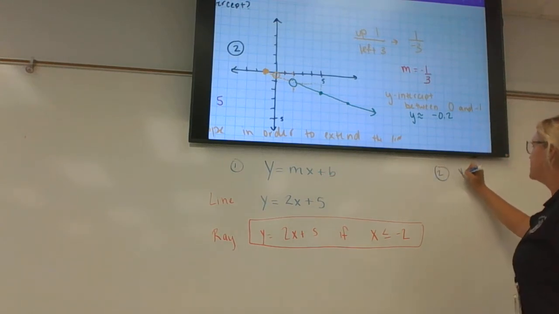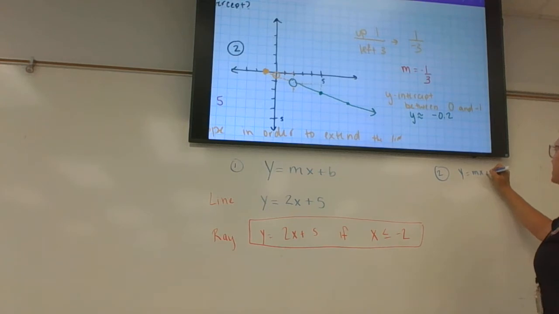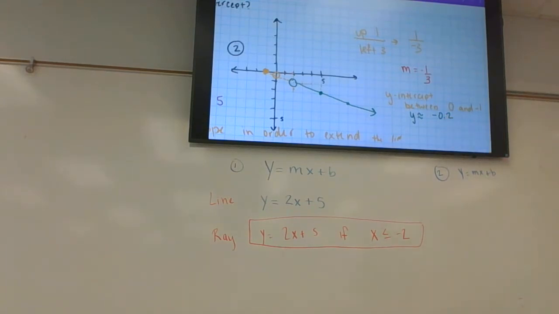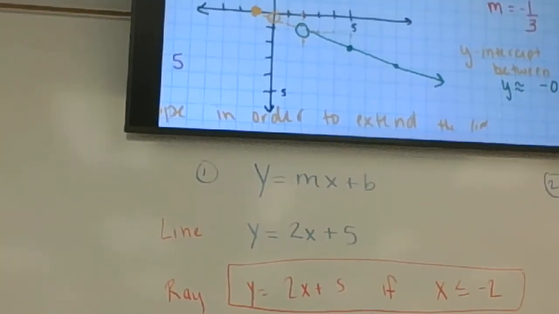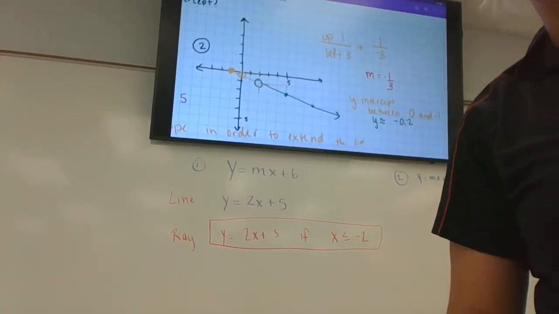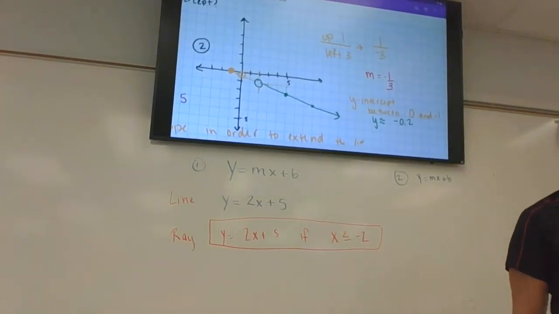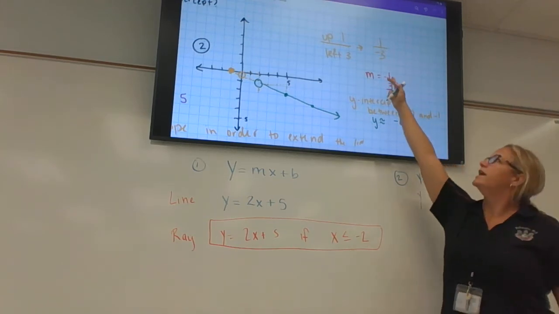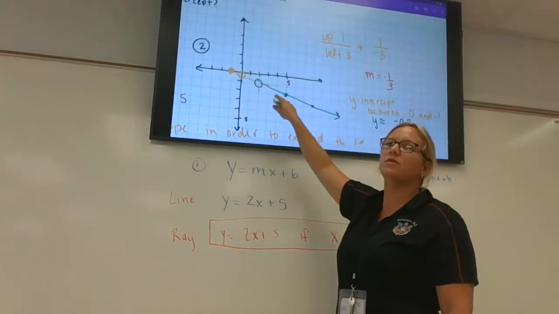Number 2, let's write an equation for y equals mx plus b using our intercept at -0.2. Desiree, what's the slope? Down 1/3.